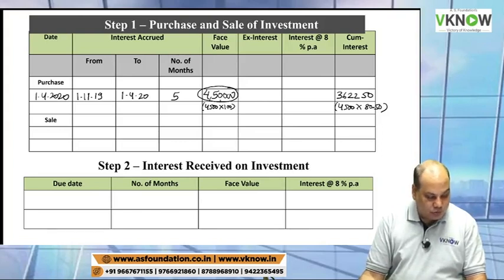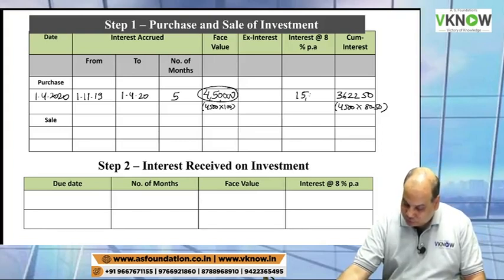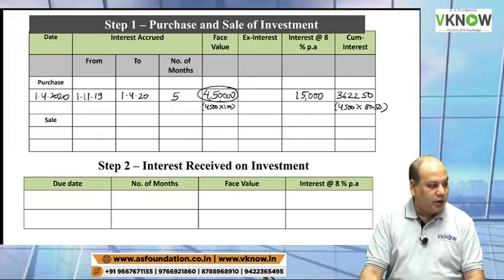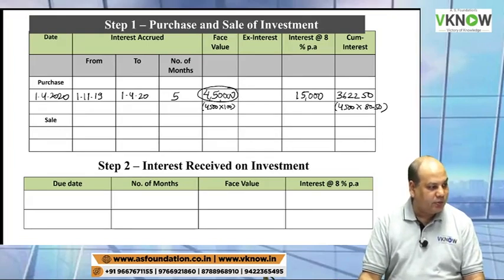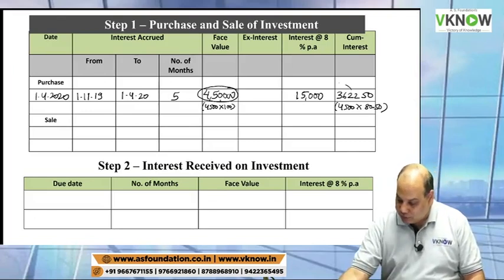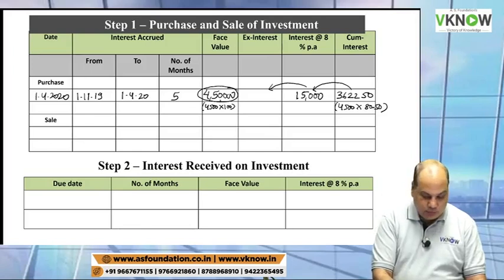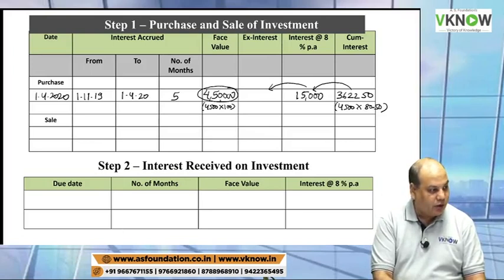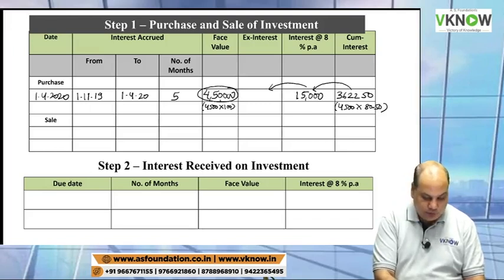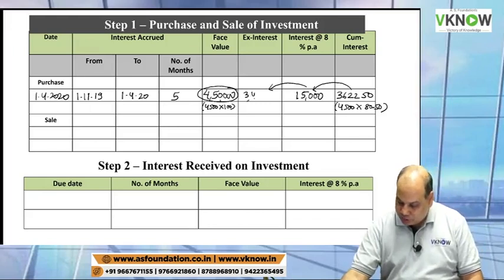So that comes to 15,000. Check interest is 15,000 and do reverse working. You will get the ex interest amount. Anybody for ex interest amount? Deduct 15,000. 362250 minus 15,000, 347,250.